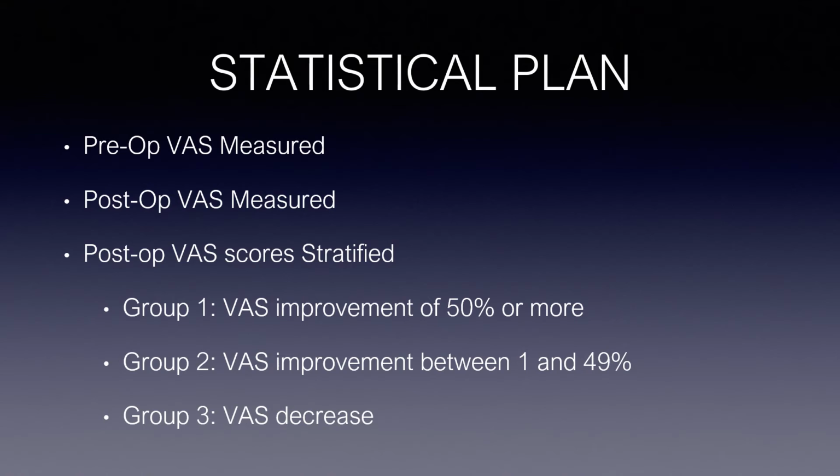We evaluate the pre-op VAS and post-op VAS. Post-op VAS score is stratified into 3 groups. Group 1 are those whose VAS improved more than 50%. Group 2, between 1 to 49%, and group 3 are the cases whose VAS got worse.